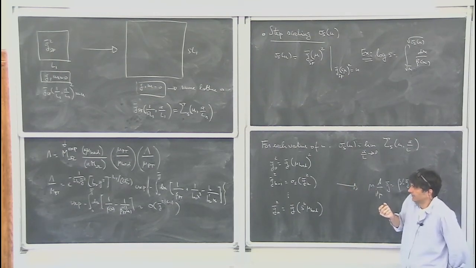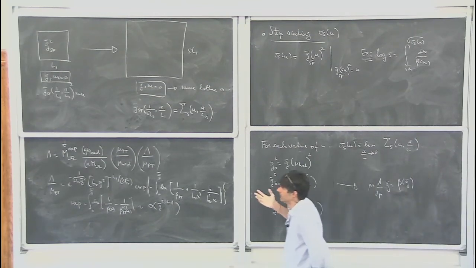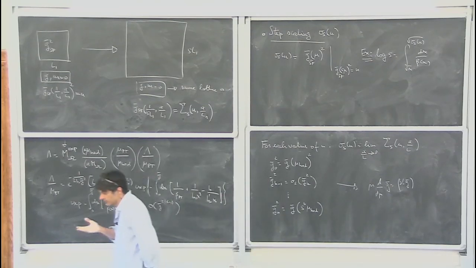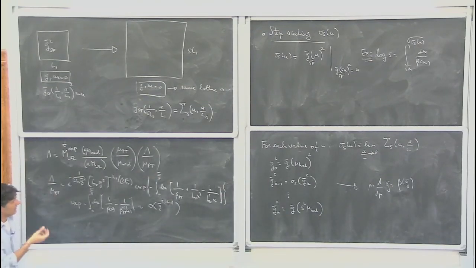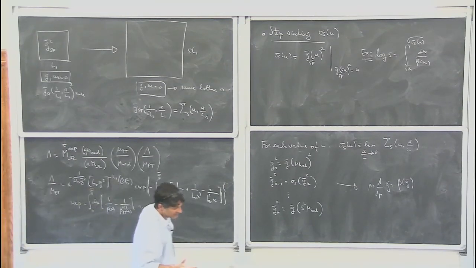But no matter what you do, alpha strong is a renormalized quantity which is determined by an experimental number. If you think in terms of the lambda parameter instead of alpha, you see that really what you need is one scale. So the coupling is determined by the knowledge of just one scale. And it doesn't matter whether you do it on the lattice or whether you do it from experimental data.